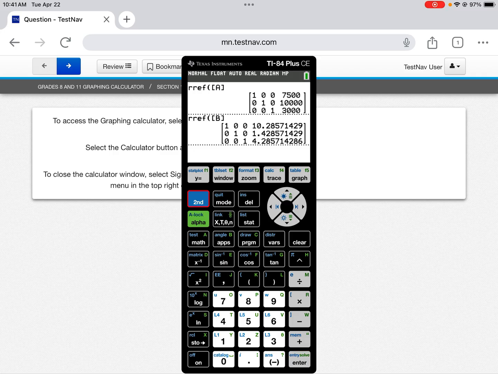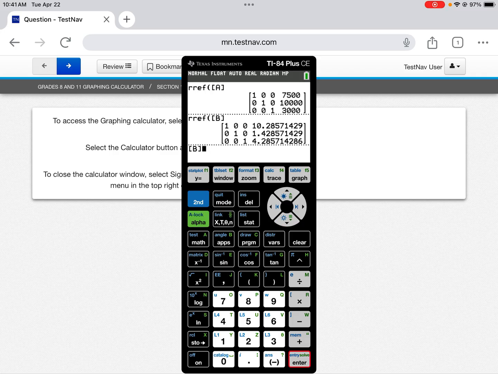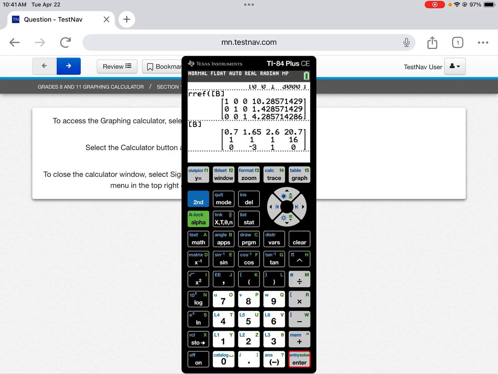So here I'm going to double check my matrix that I input. I'm just going to ask for matrix 2. So 0.7, 1, and 0. 1.65, 1, and negative 3. 2.6, 1, and 1. 2.07, 16, and 0.